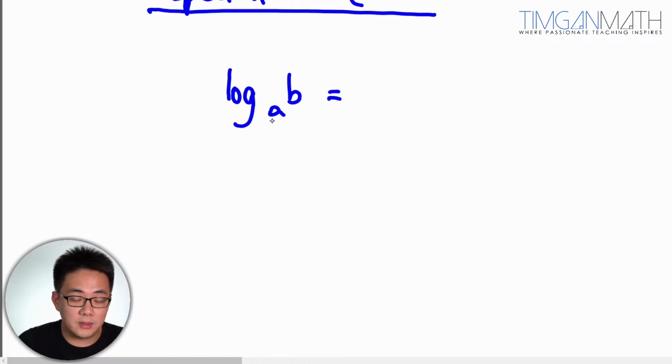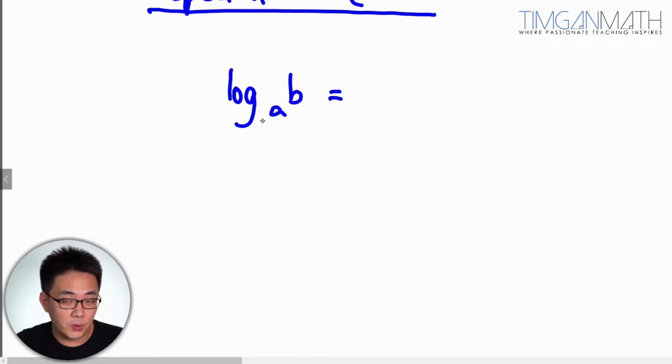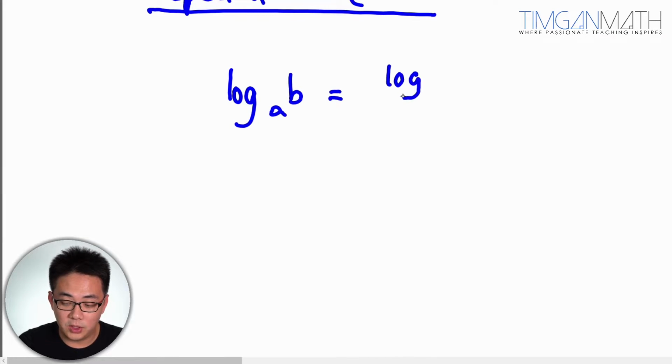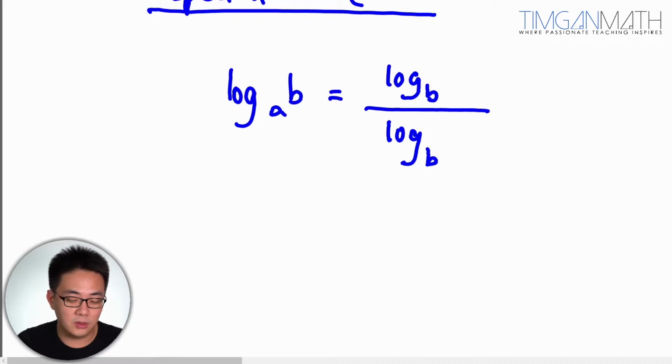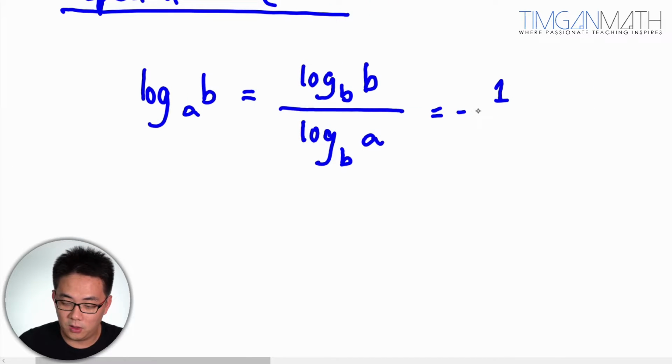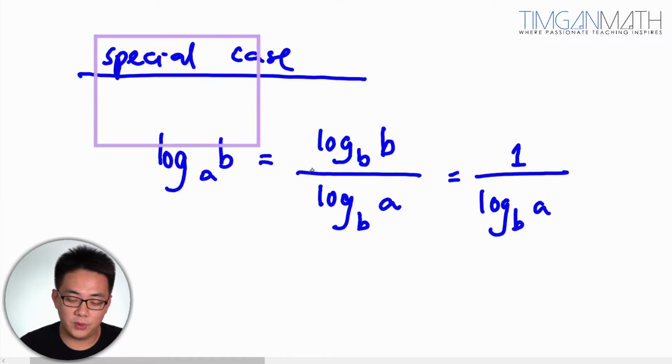Now this is the base of a, so what happens if I interchange the base? If I change it to base b in both places, this b will be on top and this a will be below, and log base b of b will just be 1. So this is a special case of logarithm. Here it will be 1 over log base b of a. If you want to flip the base, you just need to reciprocate it.